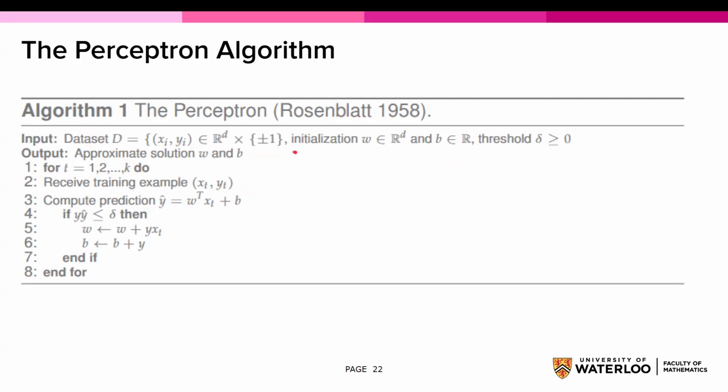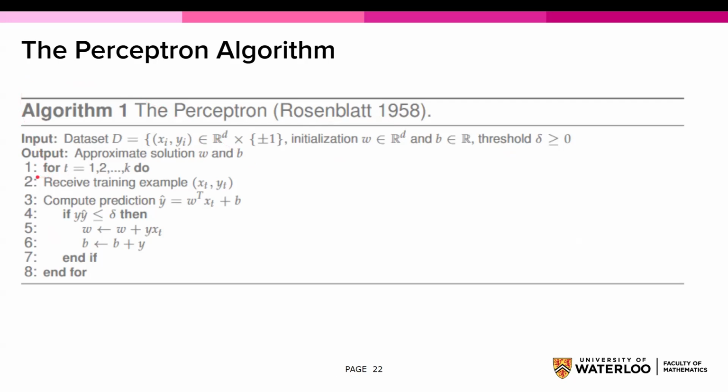We also initialize the weights W and bias B to some value, and select some error threshold delta, which is greater than or equal to 0, to decide if a mistake has been made. Given this information, then, the algorithm outputs a choice in parameter space that approximates the solution to the problem.